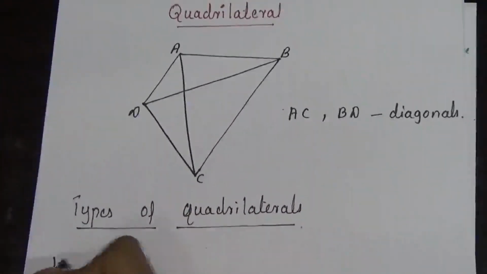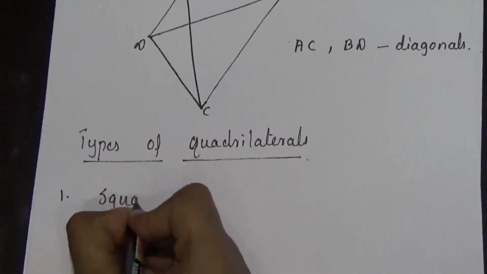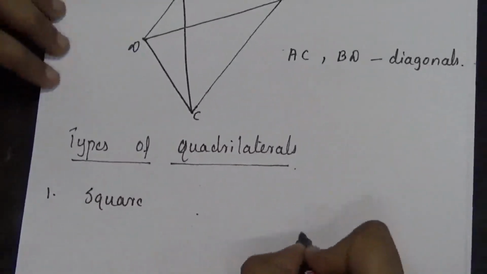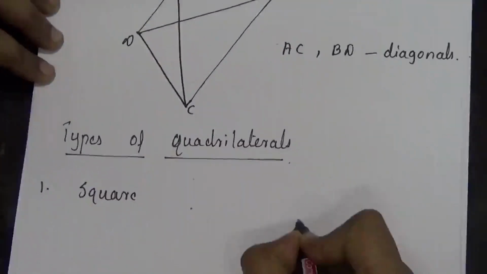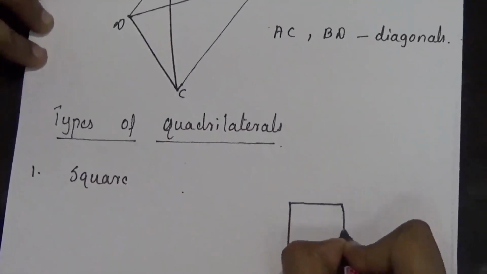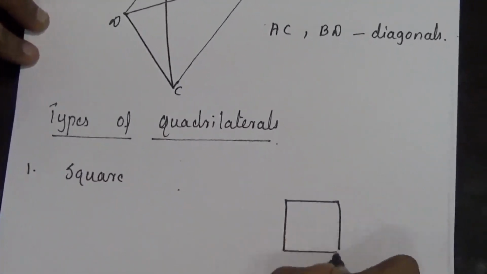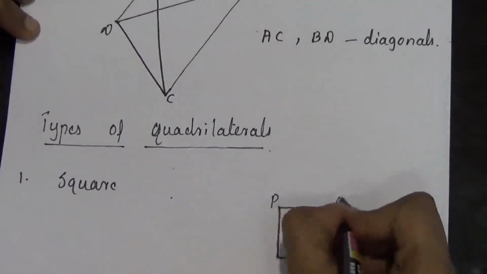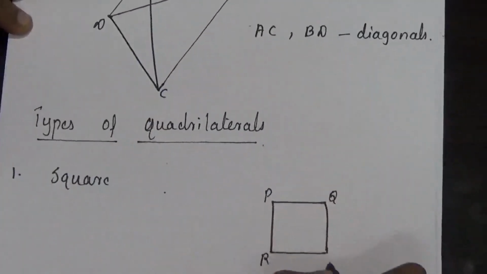So the first is the square. All of you know what a square is. It's a quadrilateral. All of its sides are equal and all the angles are equal. Let this be PQRS.